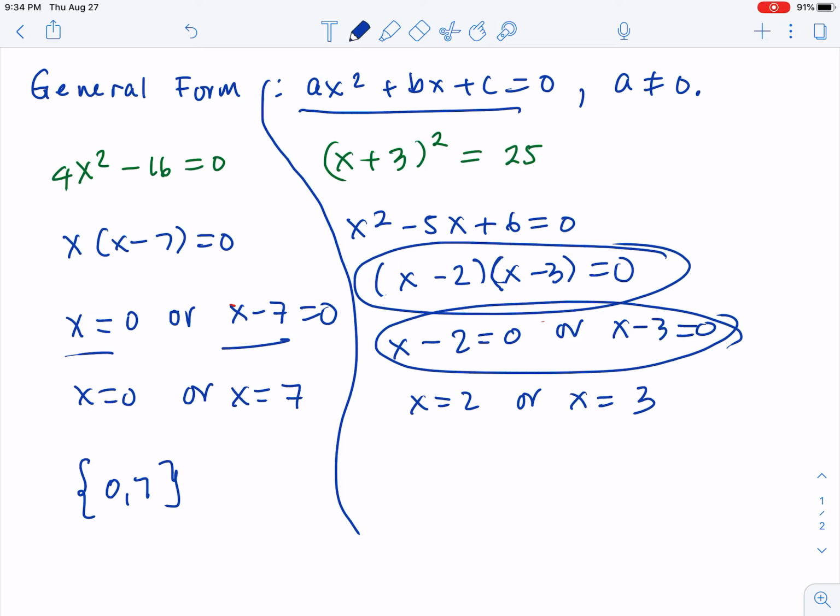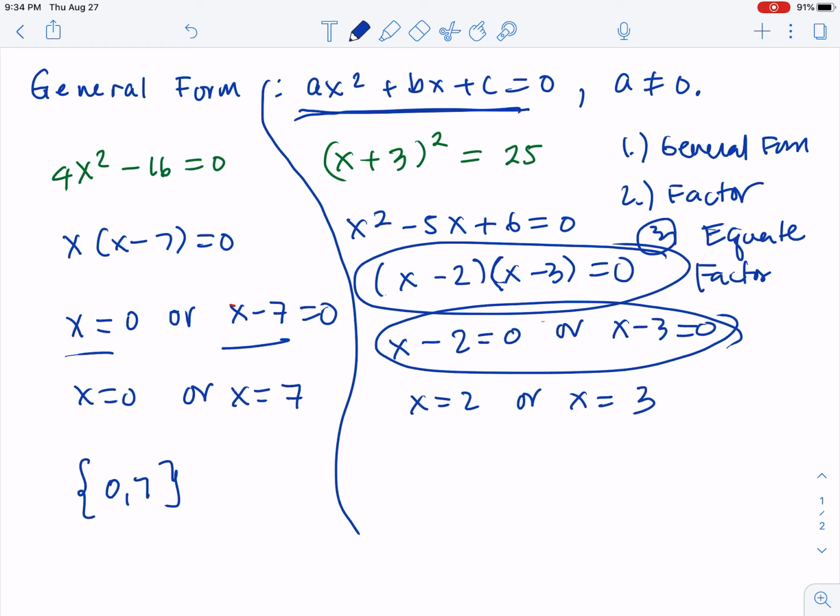So, again, number 1, general form. Number 2, factor. And number 3, equate the factors to 0 and solve for x, or kung ano mang variable na gamit, ano mang unknown yung gamit.